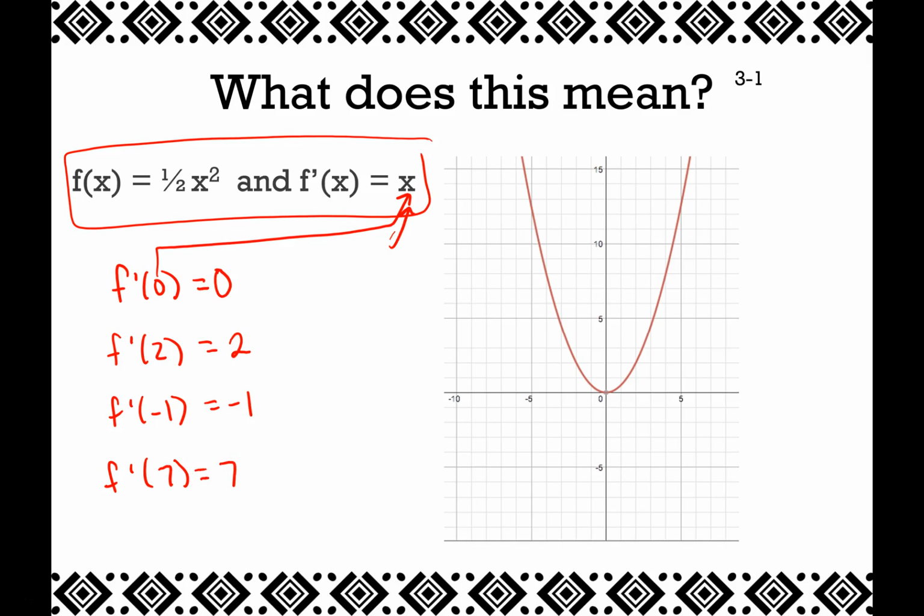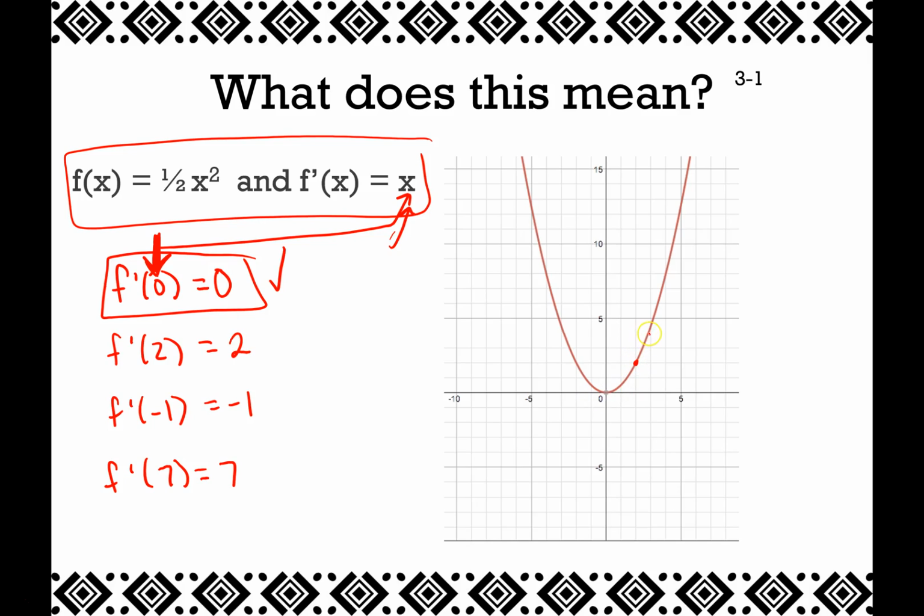And so what this means in terms of the graph is, what is the slope of the curve at x equals 0? At x equals 0, what's the slope of my tangent line? It's 0. Correct? All right, what about at the point x equals 2 right here? Well, it looks like the slope of that tangent line is supposed to be 2.